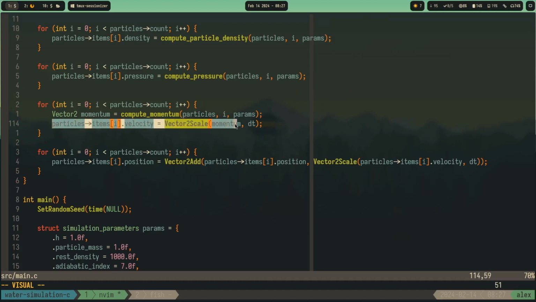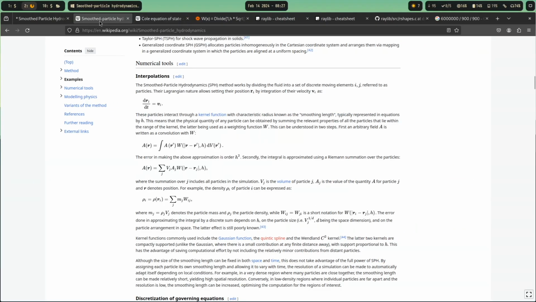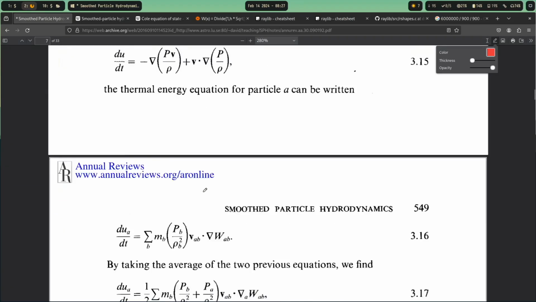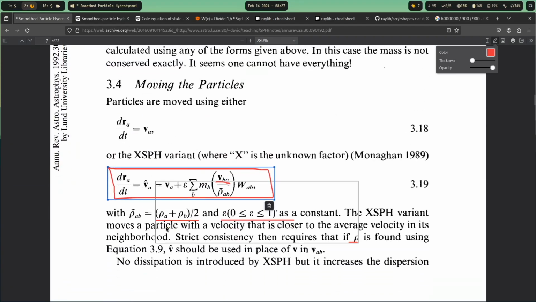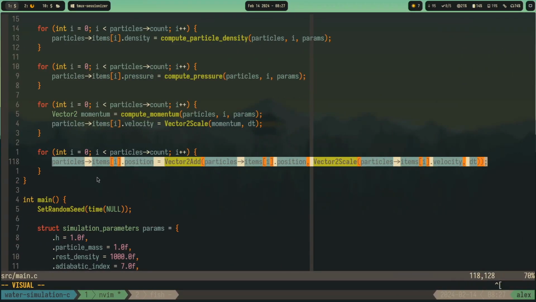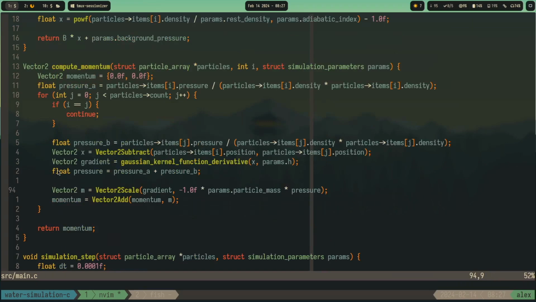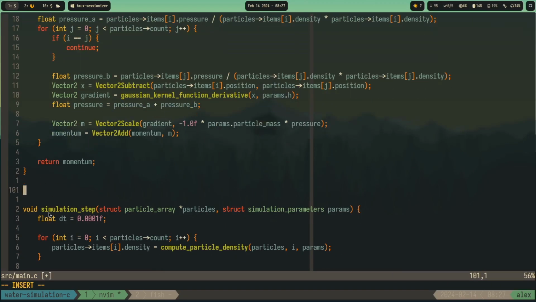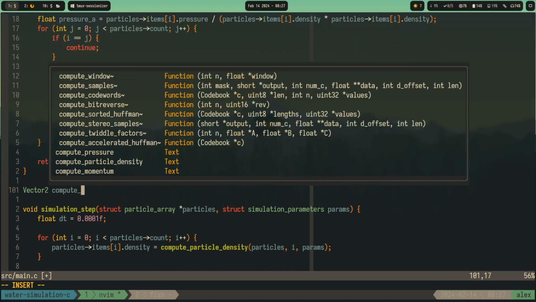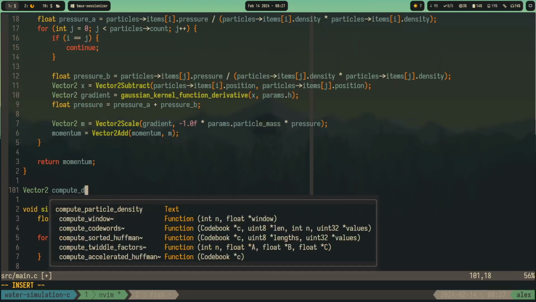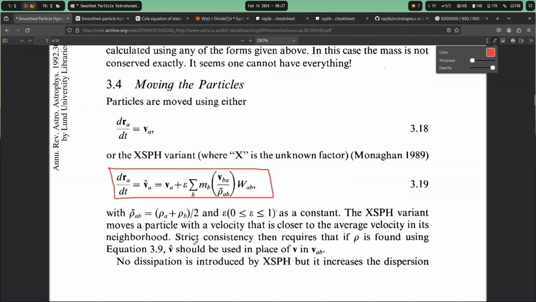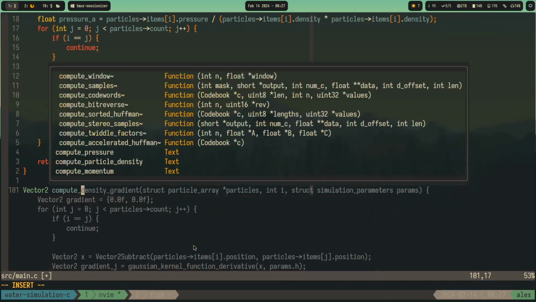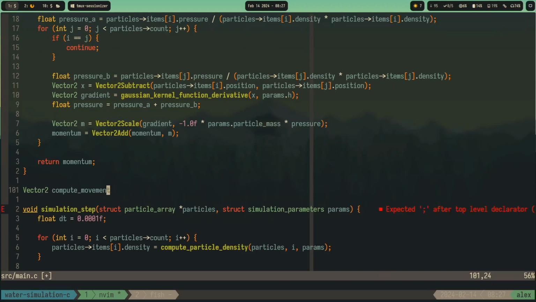Yeah, I mean, we can try to implement the other movement. Maybe that changes anything. So that was this one. So it's basically, let's try it. So let's do compute vector 2, compute movement, I guess.